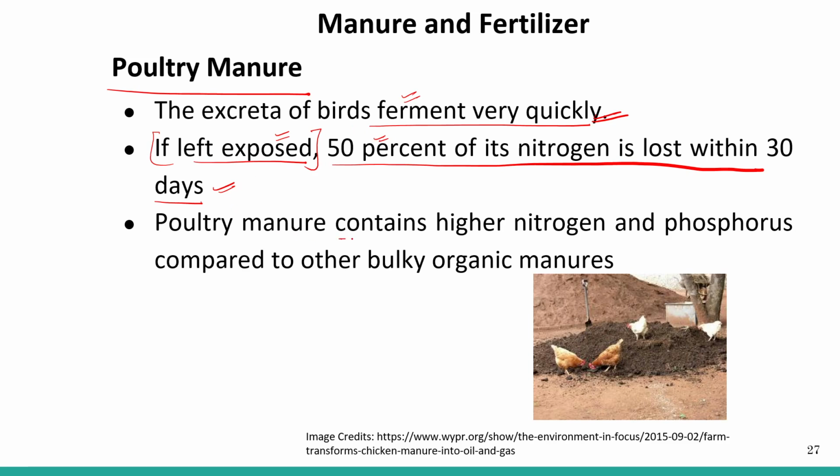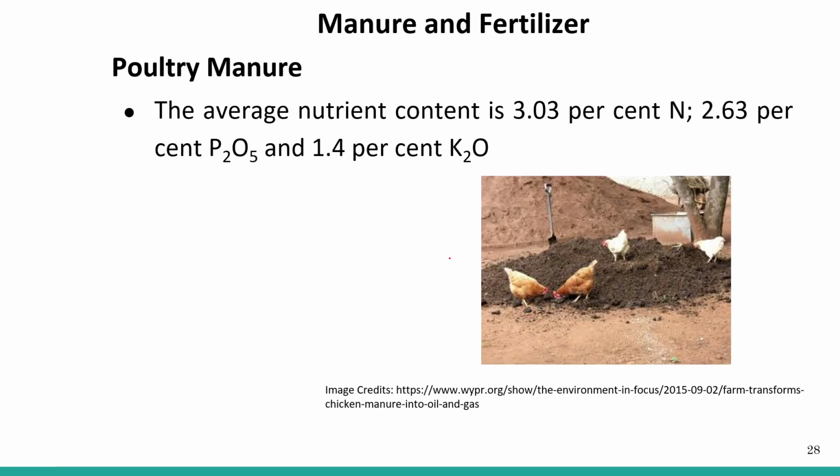Poultry manure contains higher nitrogen and phosphorus compared to other bulky organic manures. So it is a rich source of nutrients. The average nutrient content is 3.03% nitrogen, 2.63% phosphorus and 1.4% potassium.